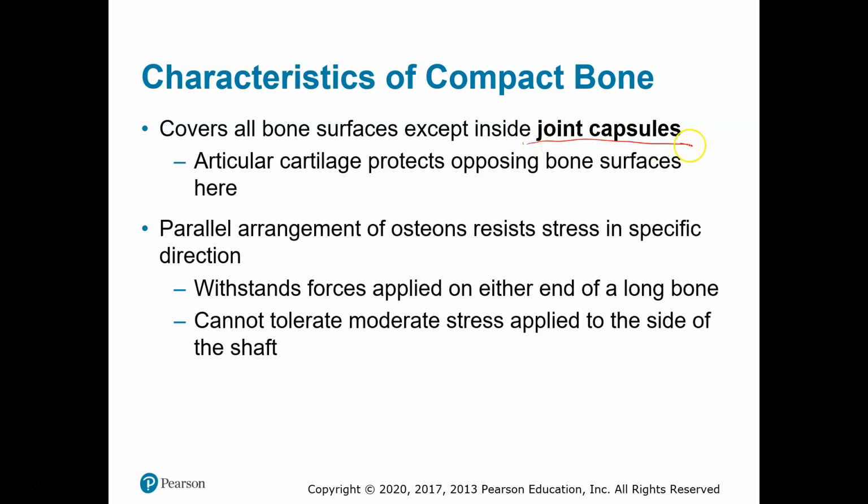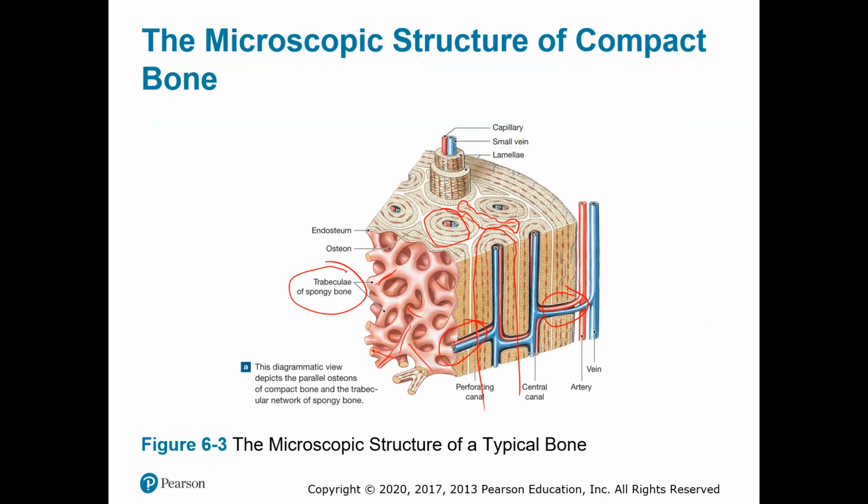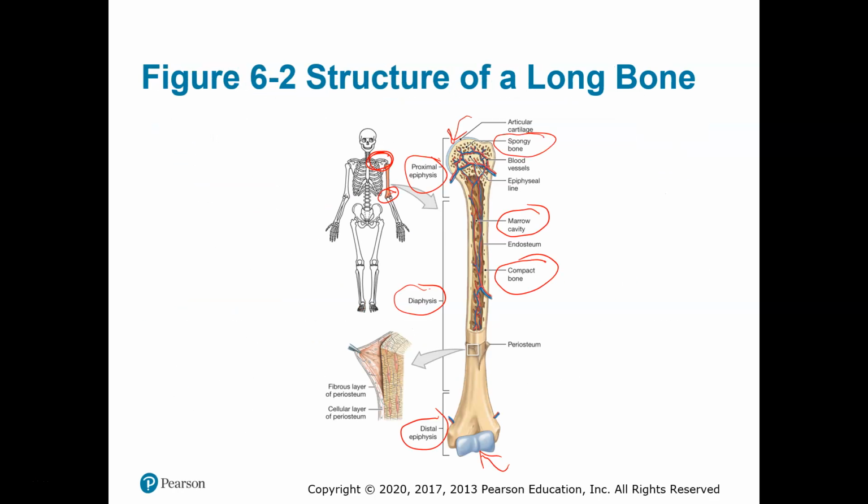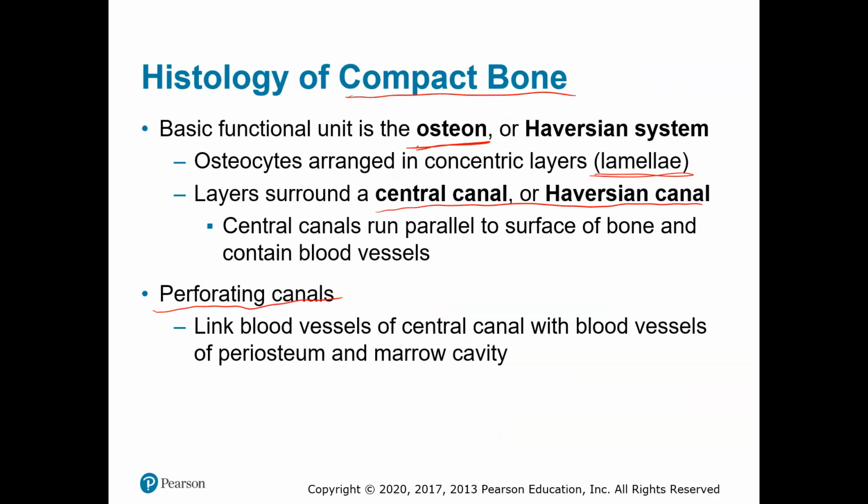Other characteristics of compact bone: it covers all bone surfaces except inside the joint capsules. So the surface of bone is always covered with a thin layer of compact bone, even though it might have mostly spongy bone. Like, go back to, okay, so right here along the edge, that edge is compact bone. Inside of the epiphysis is spongy bone, but all along the outside is compact bone.